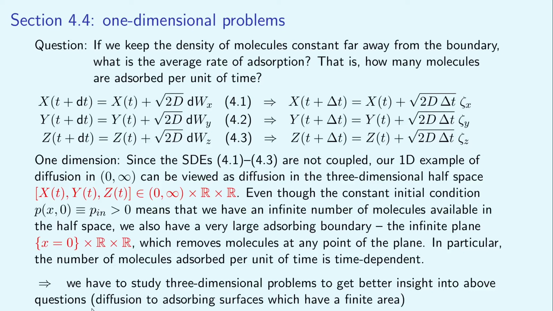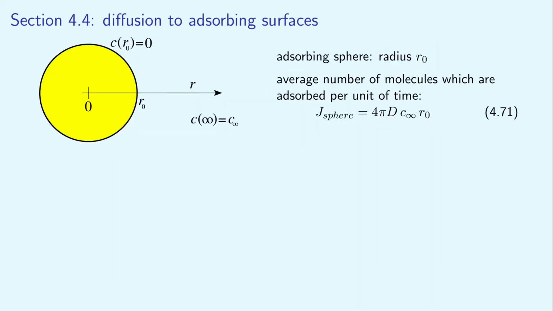Then we will be able to consider diffusion to adsorbing surfaces which have a finite area. In section 4.4, we consider the adsorbing sphere of radius r0, and we find that the average number of molecules which are adsorbed per unit of time is equal to 4 pi D C infinity r0, where D is the diffusion constant and C infinity is the concentration of molecules far away from the adsorbing sphere.